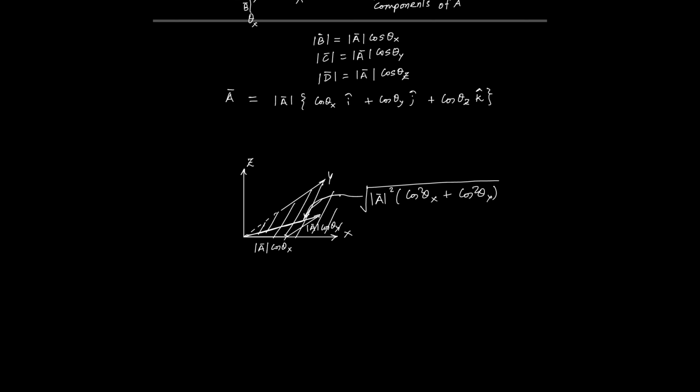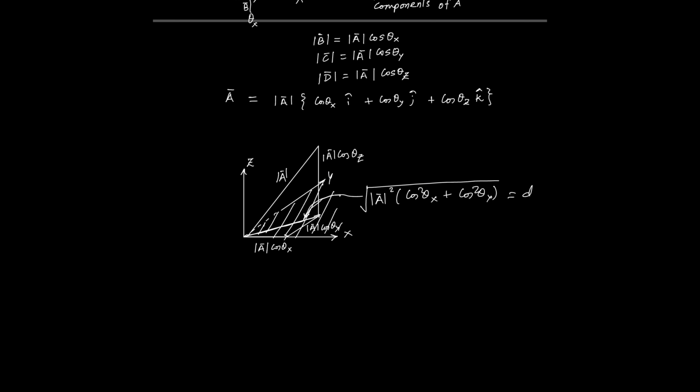Suppose the side is simply d for convenience. We are left with a side mod A cos theta z and a side which is mod of A vector. So this was originally a vector and its size is mod A.